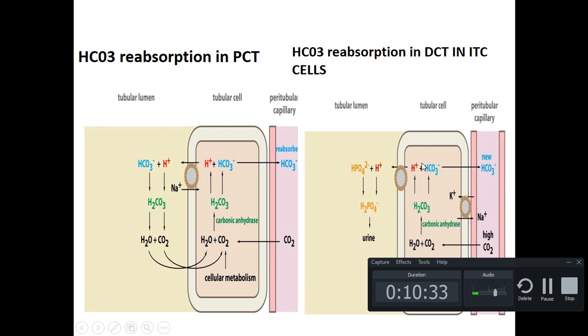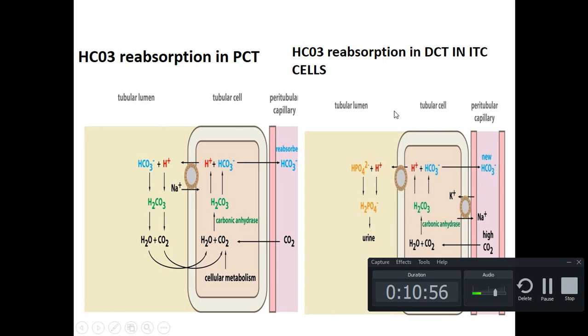But next, in the distal convoluted tubule, hydrogen ion is not coming out against the sodium, because here we have the hydrogen ATPase pump. Actually there are two types of hydrogen ATPase pump: one is alpha, the other is beta, or type A and type B. I will discuss all these things very soon.